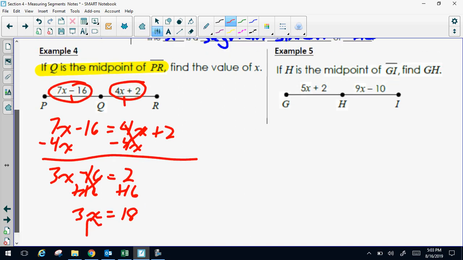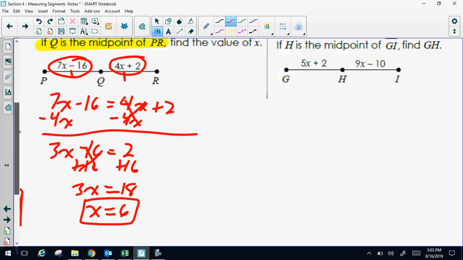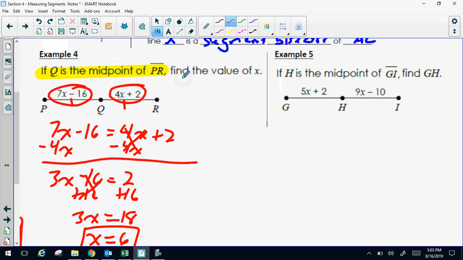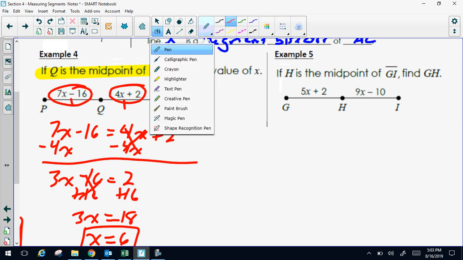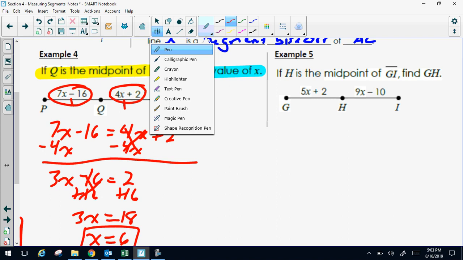So x is equal to 6. Double check to make sure what you're asked to find. And in this case, they tell me I have to find the value of x. So I've done that. I am done.